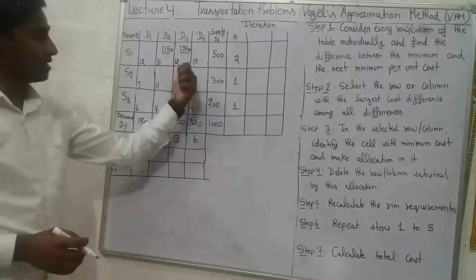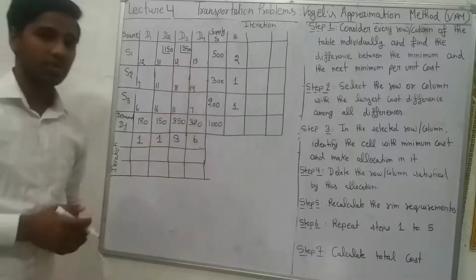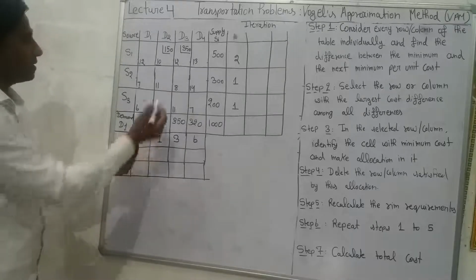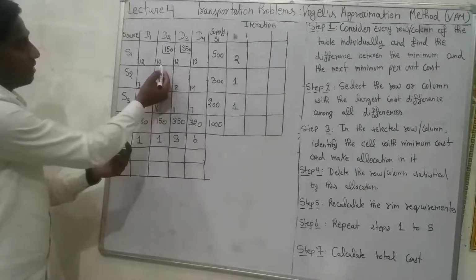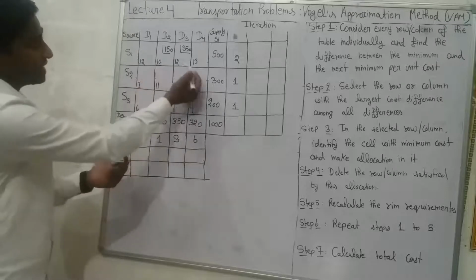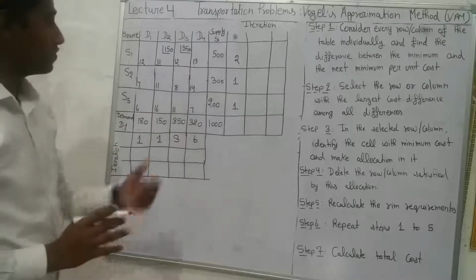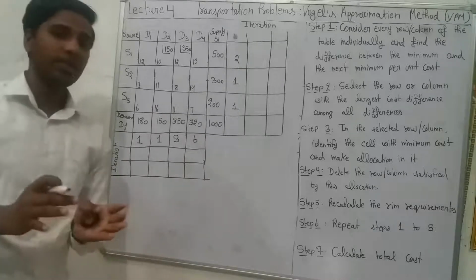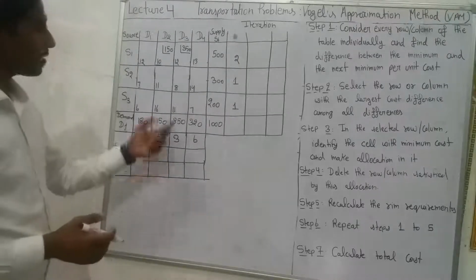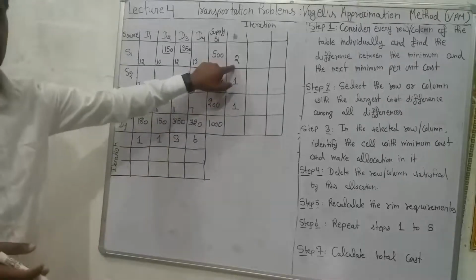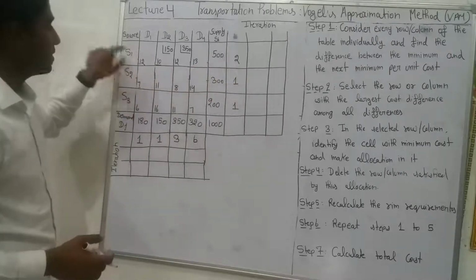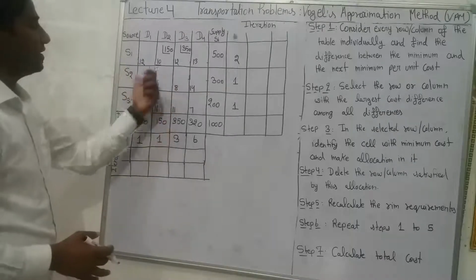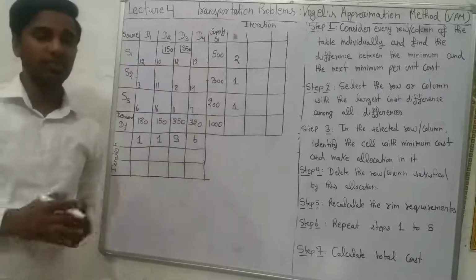Through this route we are paying an extra 2 rupees per unit, because through the best route we were paying 10 rupees per unit, and through the next best we are paying 12 rupees per unit. So in net terms we are paying 2 rupees extra. It is the penalty or opportunity cost that we are paying in the first row. That is the reason behind calculating the difference between the minimum and the next minimum cost.